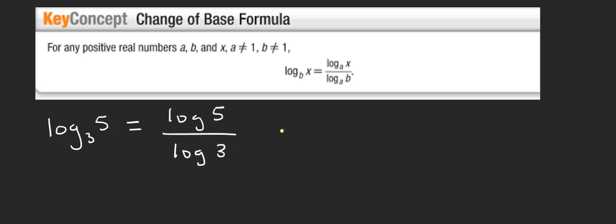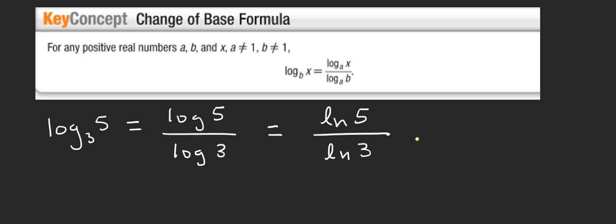Or this is the same thing as natural log of 5 over natural log of 3. Now natural log and log base 10 are the most commonly used logarithms, so we use the common logarithm and the natural logarithm.